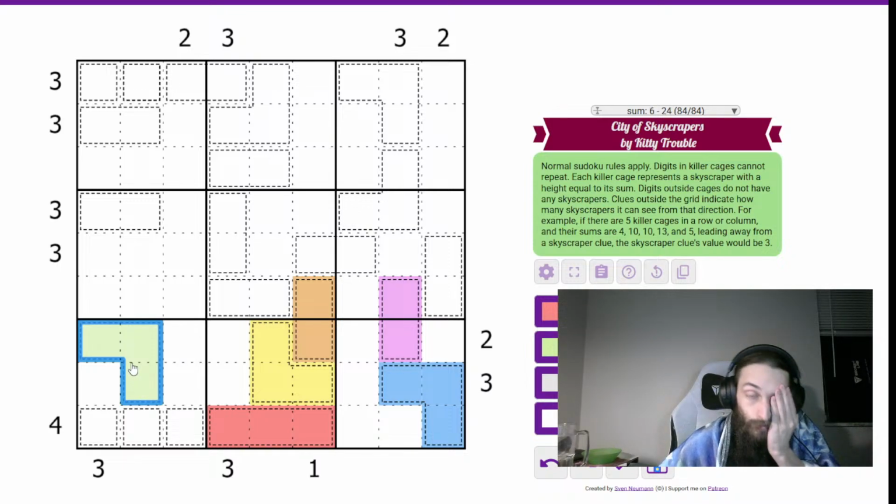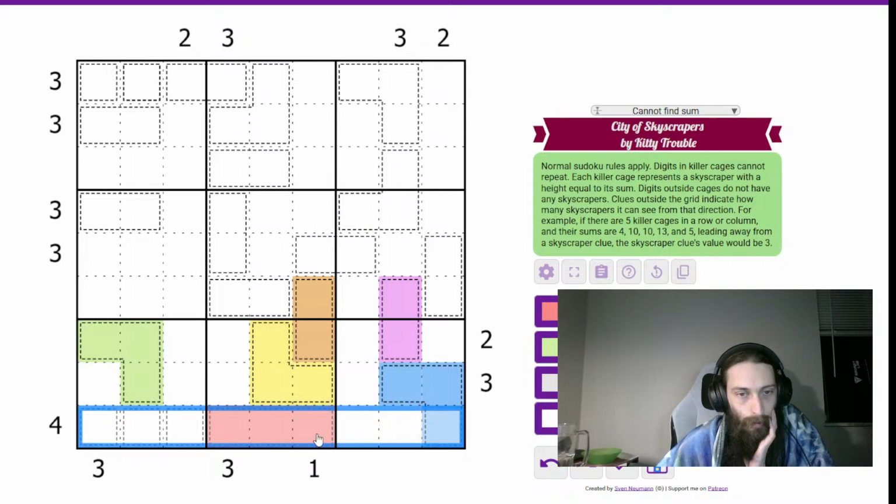I think I'm going to focus on row 9, because red is larger than yellow because of the 1. And yellow is larger than blue because of the 3.